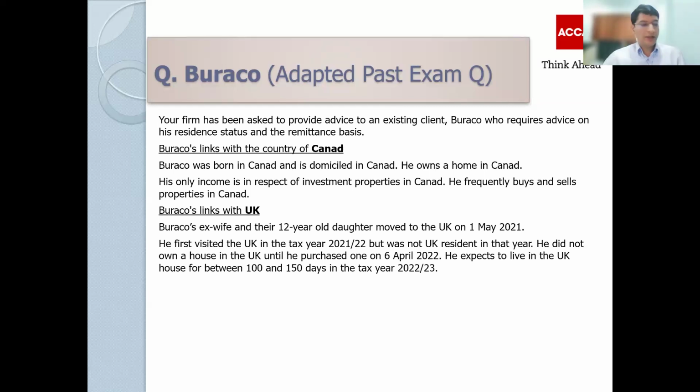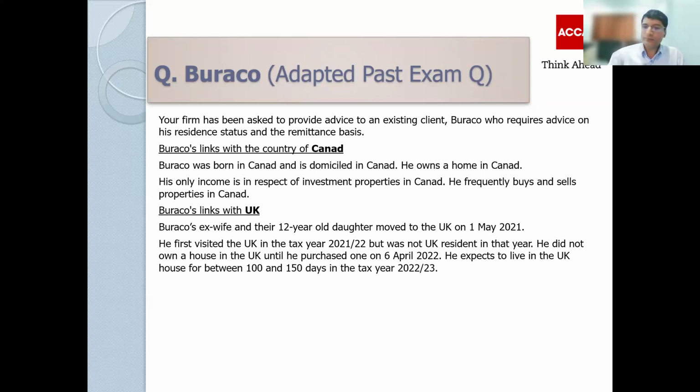And that table will tell you how many days are needed or how many ties are needed if there is no automatic overseas and no automatic UK test satisfied for the purpose of residency. What we call is a statutory residence test.